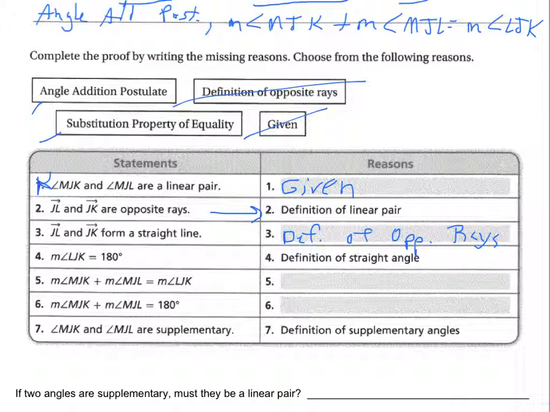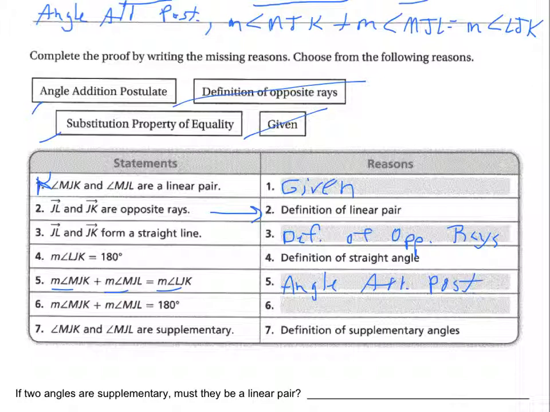So then we have the two angles added up, the two smaller angles equal the straight angle. And that's the angle addition postulate that's in your notes from yesterday's assignment, where we add the smaller angles to equal the one larger angle that contains them.